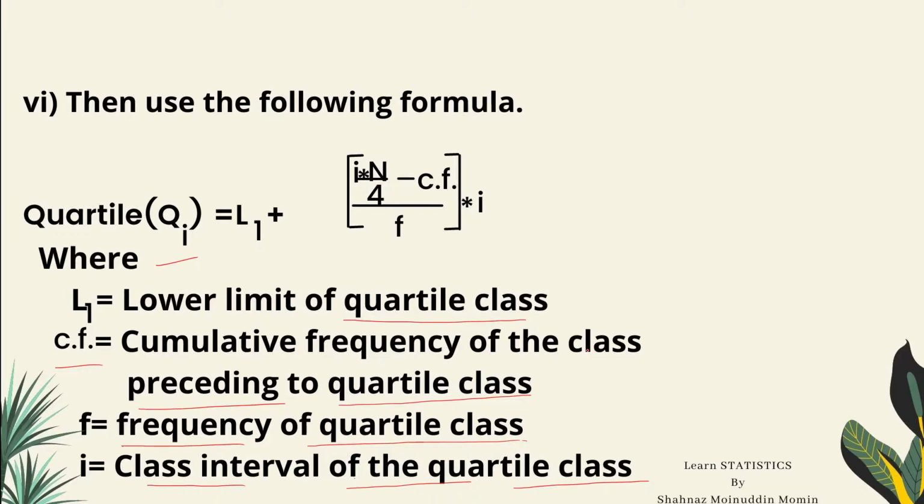Preceding means previous to that quartile class, and F is frequency of that class. I is class interval of the corresponding quartile class.